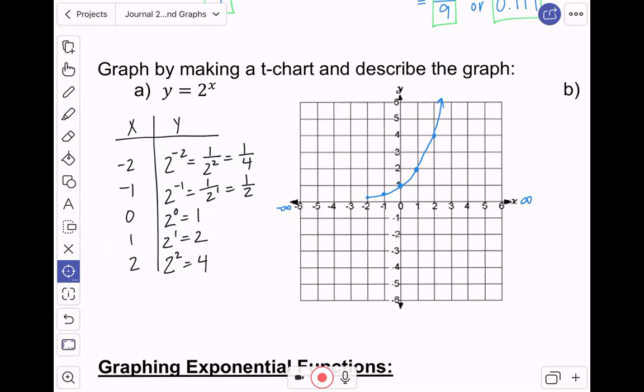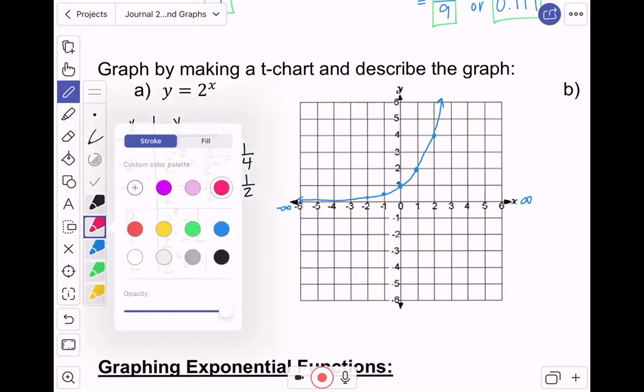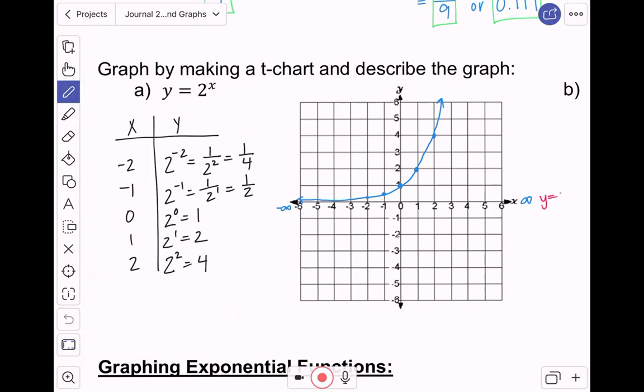And if we think about it, it's because when you have a negative exponent, right, it keeps making the denominator bigger because the number is getting thrown to the denominator. And so if you're taking a number and you're dividing it by a large denominator, that number starts to approach 0. And so this side here is actually starting to approach the x-axis, where y is equal to 0.